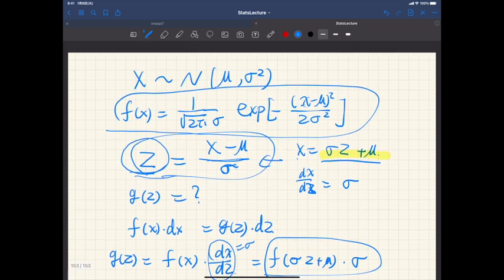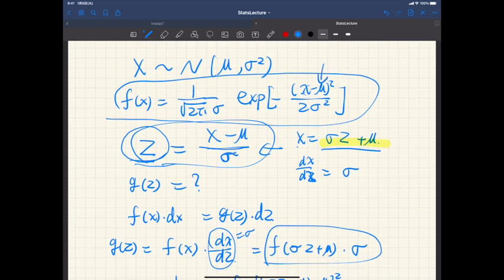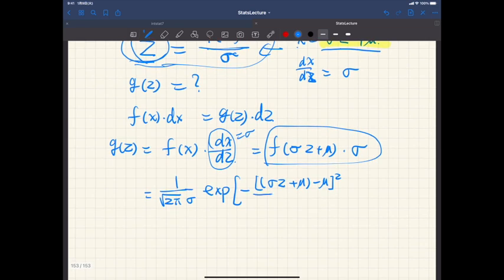So this minus mu is this minus mu, right? And divided by 2 sigma squared times sigma. Don't forget this sigma. Okay, so this sigma cancels this sigma in the denominator, and this mu cancels this mu.